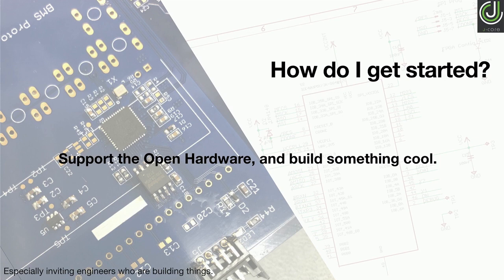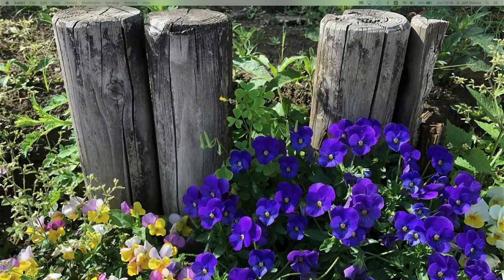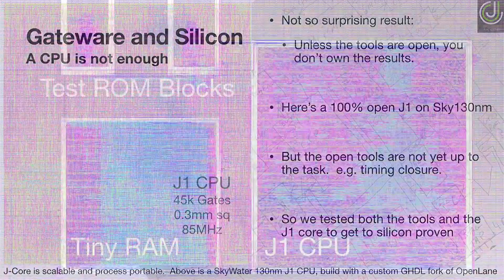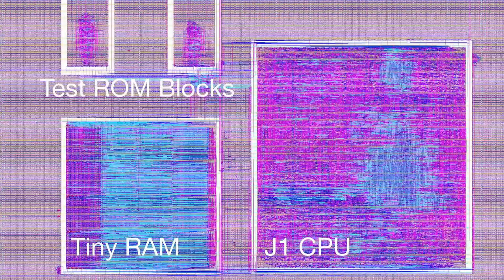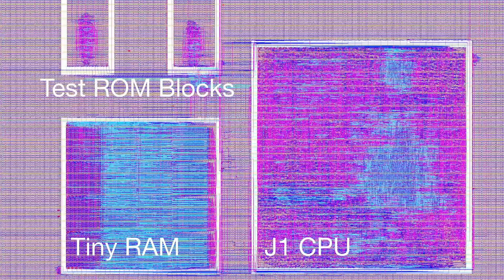Like, as you were seeing, it's just a big blob. This is not how it should look. It's not supposed to look like this, right? This is the best you can do with OpenROAD and OpenLane as it stands right now.